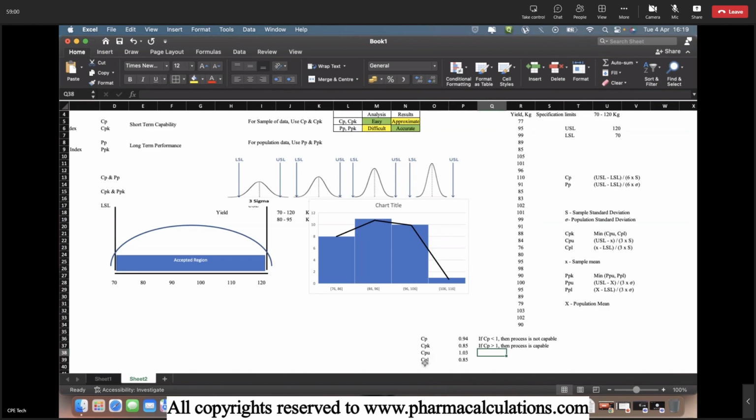Now here we got a Cpk value. If you are going to determine process capability based on the Cp itself, then there is no need to bother about Cpk, because here the Cp value itself is less than 1, so automatically the process is not capable. If the data points are not coming within the range, why should we think about centering?